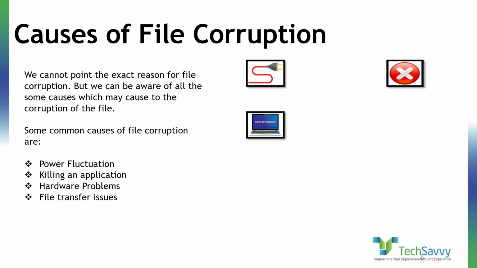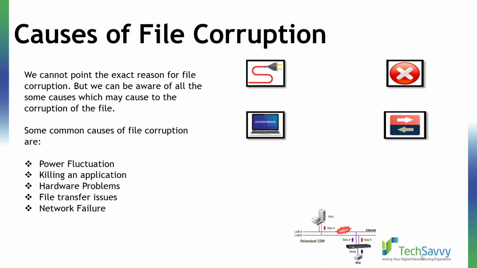File transfer issue: if you're transferring your file from one system to another, or sending your file by mail, or doing any kind of exchange of files from one system to another, this is also a cause of file corruption. Network failure: if you're working on a network and your network fails, this is also one kind of cause of file corruption.